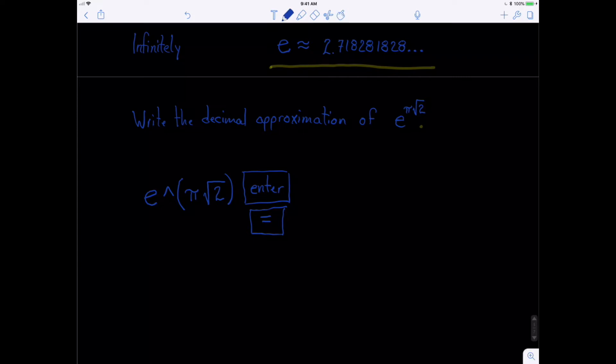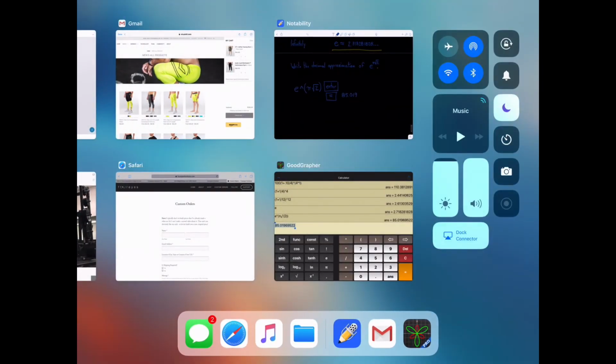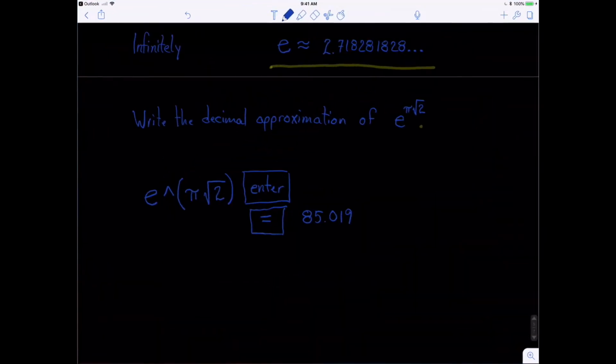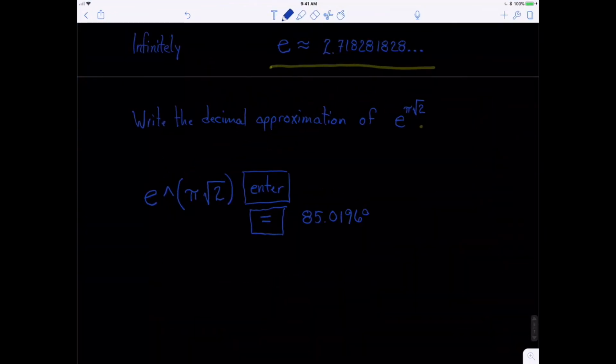So what I'm going to have then is 85.019, and then what else was it? I forgot already. 69522. And actually, it even continues out and it never stops.